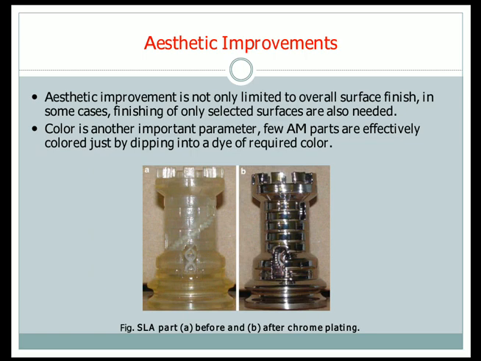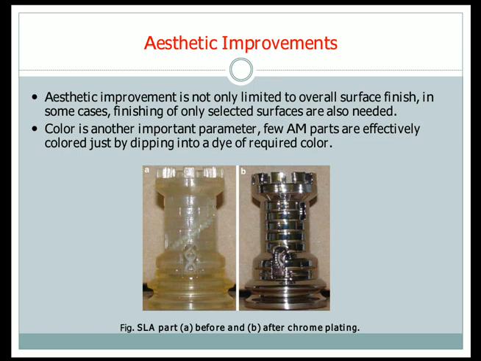A few additive manufacturing parts are effectively colored just by dipping into a dye of the required color. So if we need color painting or coating on the 3D model, we can do it just by dipping the 3D model inside a color liquid chamber, and we will get the coating.